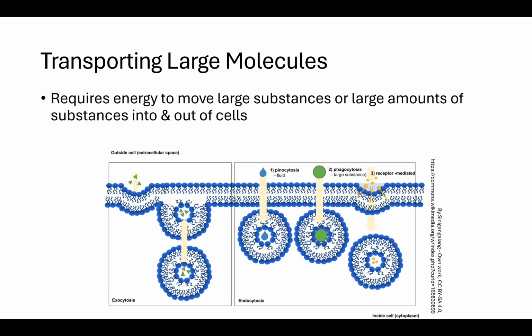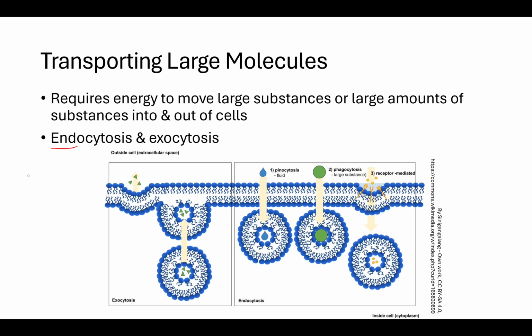We'll talk in more detail about active and passive transport, but I wanted to move on to bulk transport, which is moving large substances or large amounts of something into and out of the cell. There are two types of this bulk transport, and they both require energy. That is endocytosis and exocytosis.